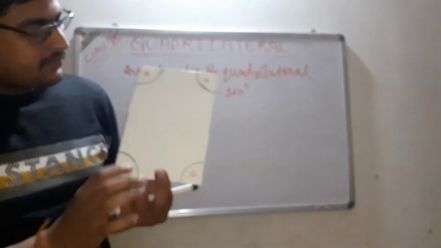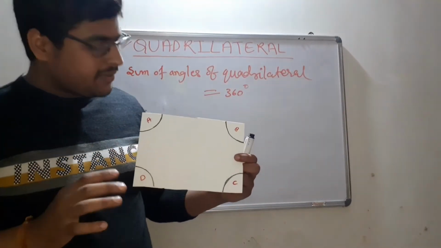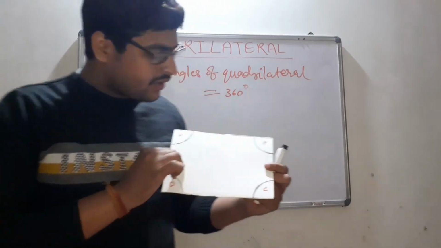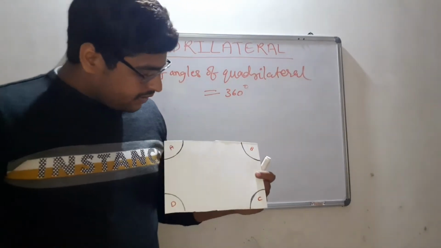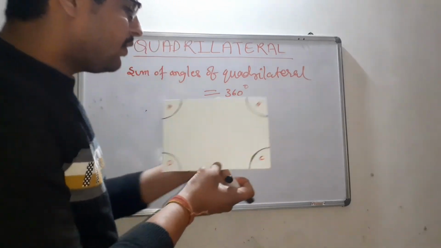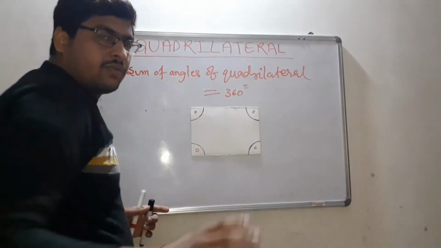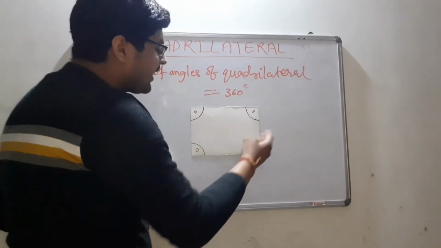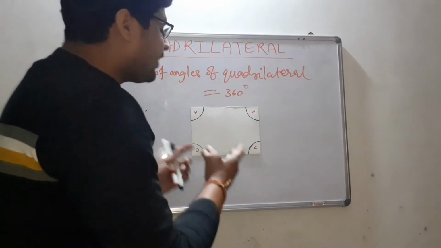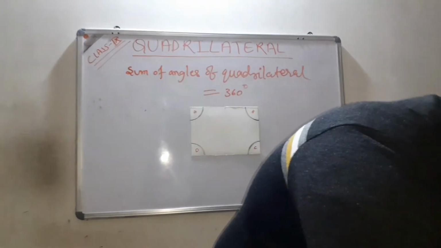Okay, we will verify this property using another method, using a tool. Now consider this is a quadrilateral. You can take any kind of shape. This is a rectangular one. We have four angles A, B, C and D. Now we will place it here. What we will do, we will cut these four angles and try to make 360 degrees from it.